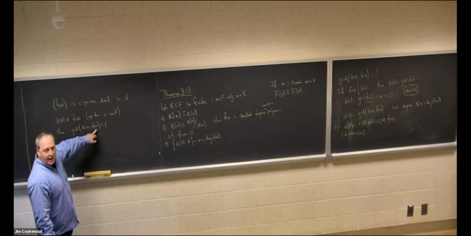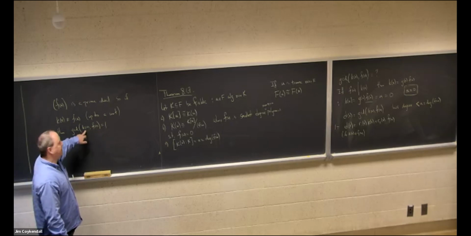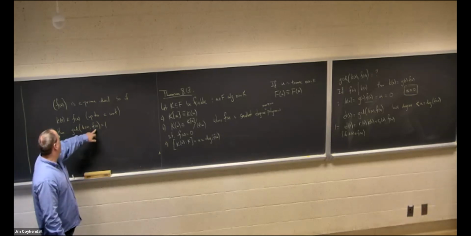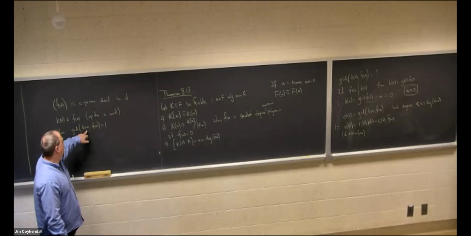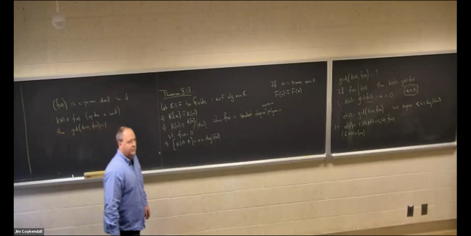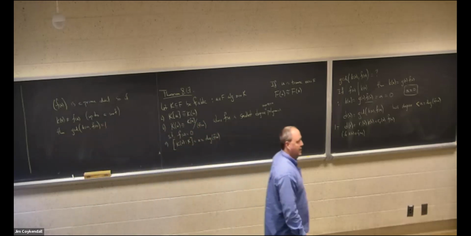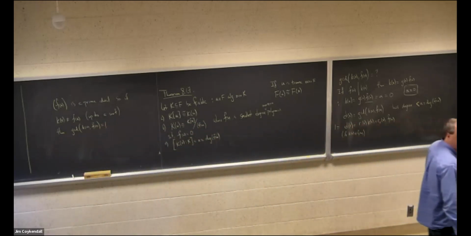This is a prime. So either f of x divides k of x, or if it doesn't, that means k of x has no factors of prime f of x in it, and so the greatest common divisor is one. Right. Okay.